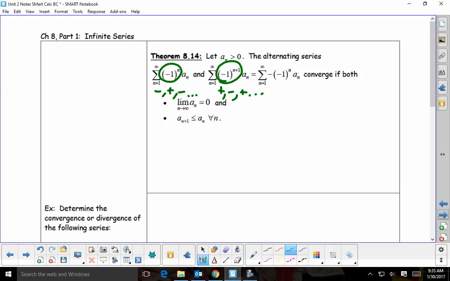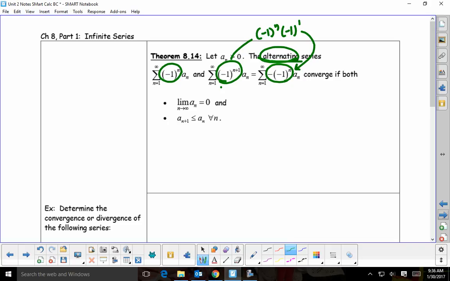So it's making the signs alternate. Just like this part right here, do you agree I could have reduced negative 1 to the n, negative 1 to the first, and said that's negative, negative 1 to the n? Is that okay? So that part that I circled in green, that is the alternating part. That tells me we've got an alternating series going on. We're going to do the alternating series test.